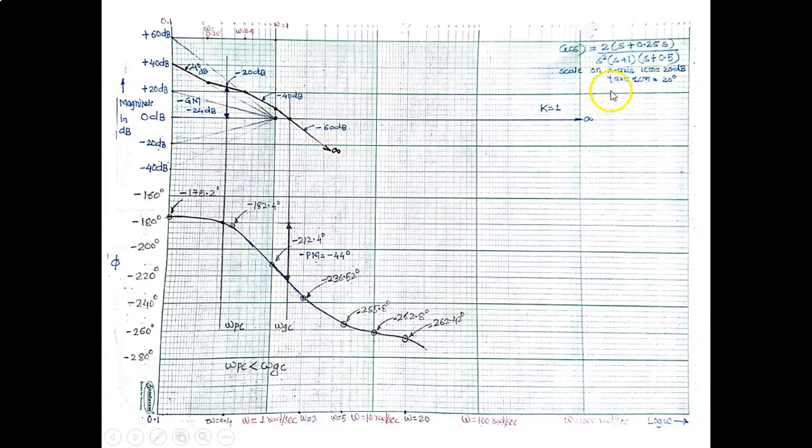Scale on the y axis: 1 centimeter is equal to 20 dB, and on the y axis again 1 centimeter is equal to 20 degrees. On the x axis these different values are there: 0.1, 0.2, 0.3, 0.4 up to 1, 2, 3, 4 up to 10, 20, 30, 40 up to 100, 200, 300 up to 1000.